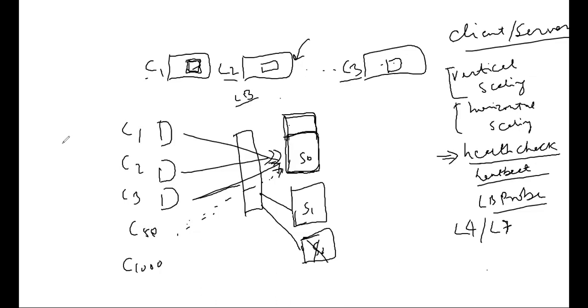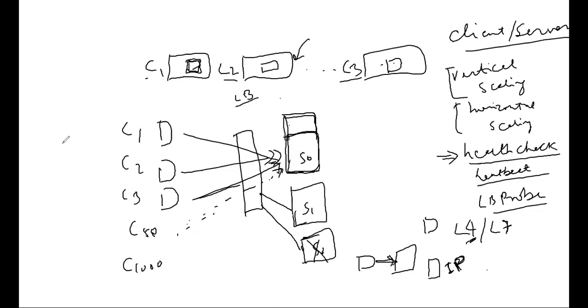In my opinion, please correct me if I am wrong, because I haven't gone through this in detail, the L4 load balancer, where 4 means the IP level load balancer, is not used that much anymore. It used to be used a lot earlier when our systems were not that efficient. A client made a request, it went to the load balancer, and then you have these servers.